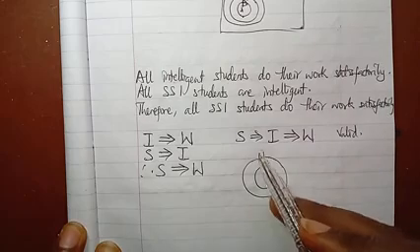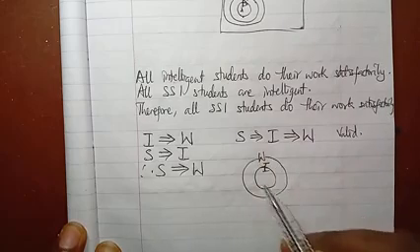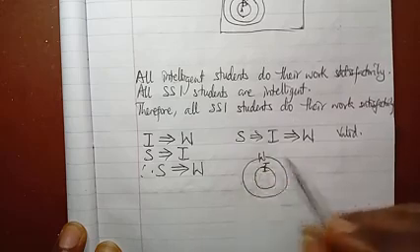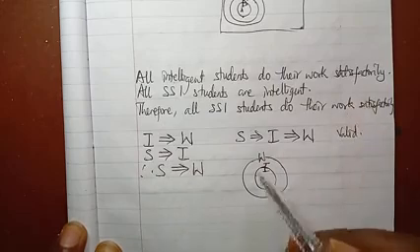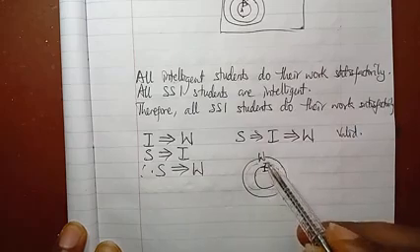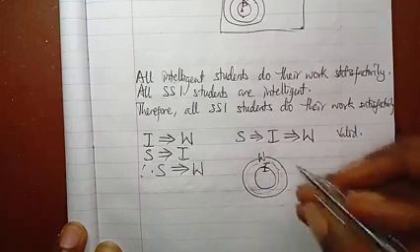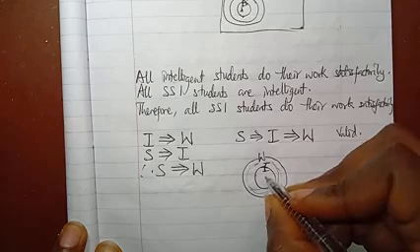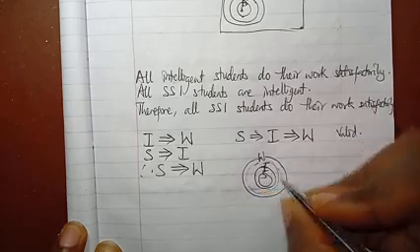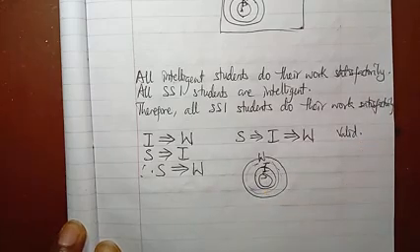Every intelligent student does work satisfactorily, so if you're intelligent, you're inside, you're part of those that do satisfactory work. And all SS1 students are intelligent. So SS1 students are inside intelligent students.